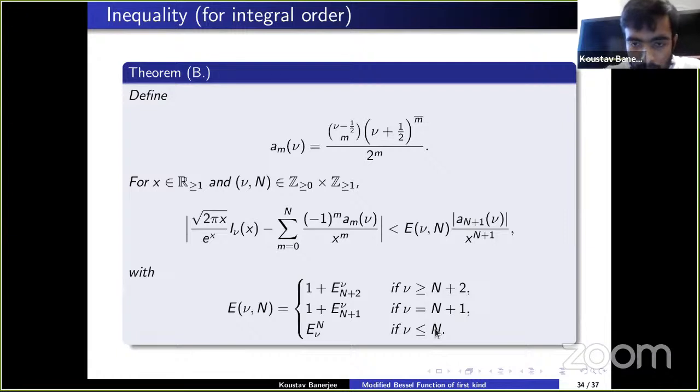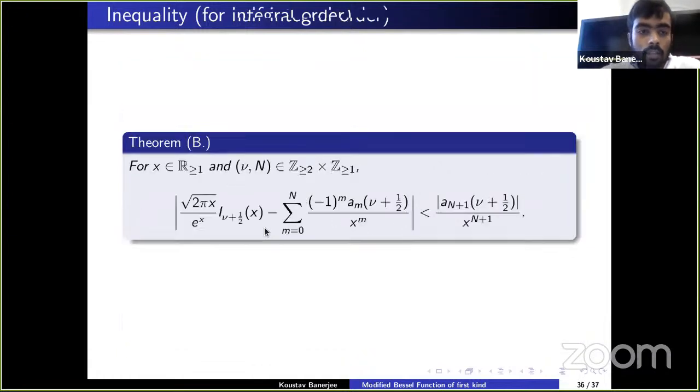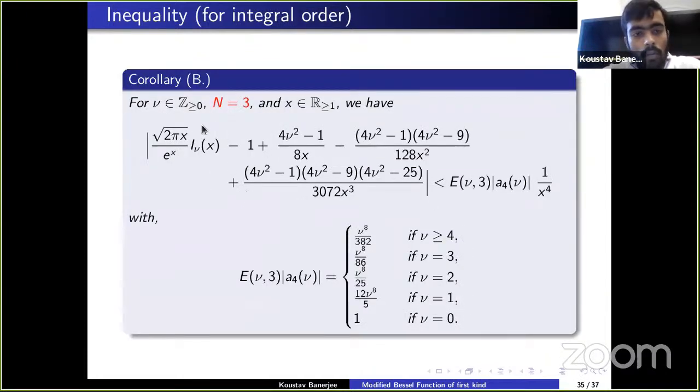So if I place according to Brinkman, so for n equal to 3, what I get for all nu greater or equal to 0, n equal to 3, and x greater or equal to 1, in Brinkman's fashion, we get E nu 3 times absolute value of a 4 nu divided by x to the power 4. And if we see nu greater or equal to 4, it's absolutely close to that, the actual thing, that nu to the power 8 divided by 382.